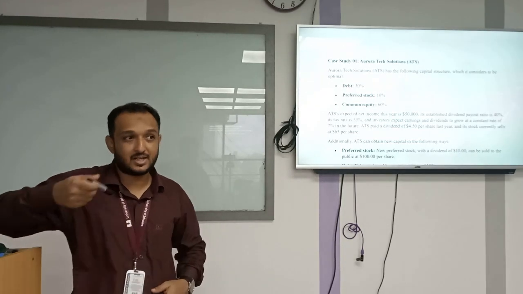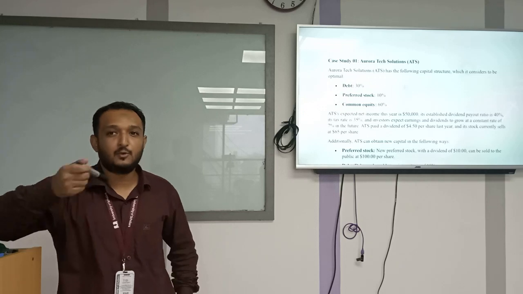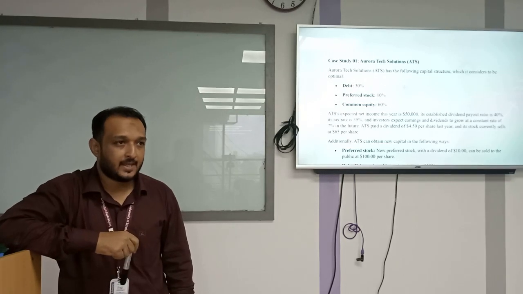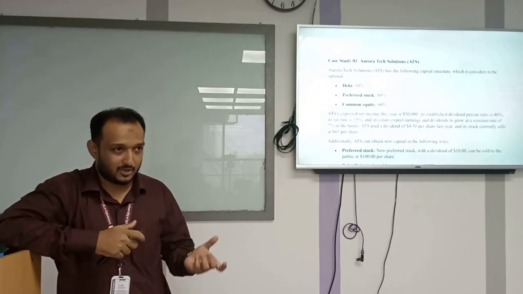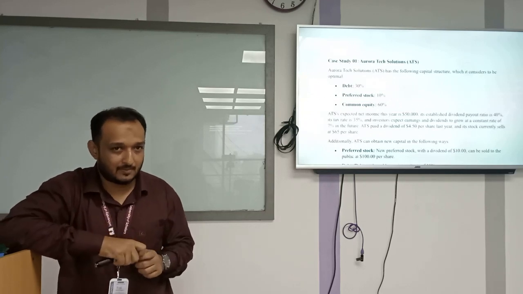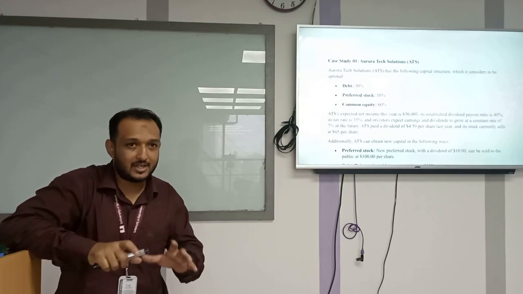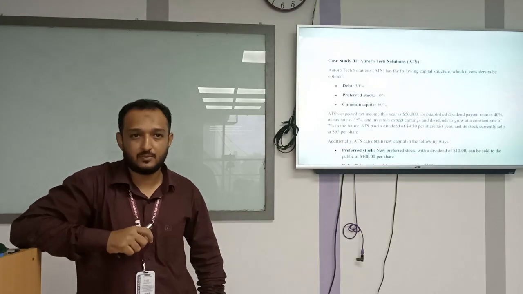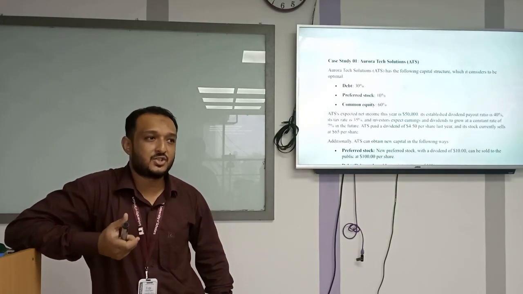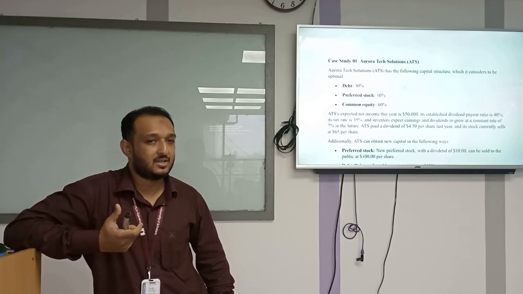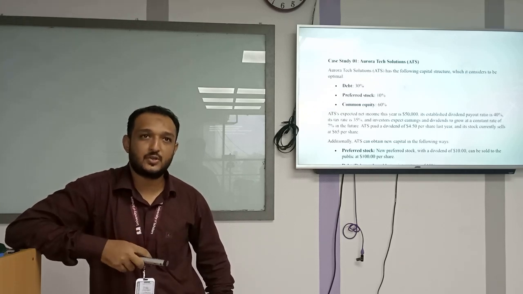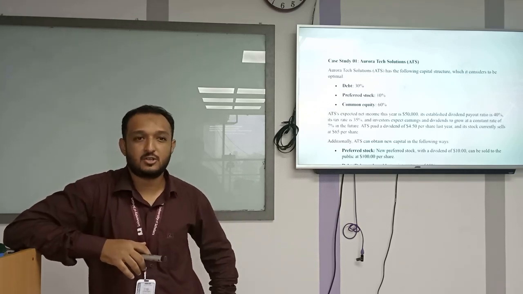So, we get the tax shield benefit through including the leverage in our capital structure. By incorporating the debt portion of the capital structure rather than only the equity portion, we get the tax shield benefit, the tax advantage. Right? So, that is for the cost of debt.